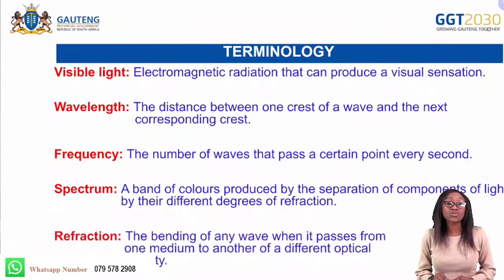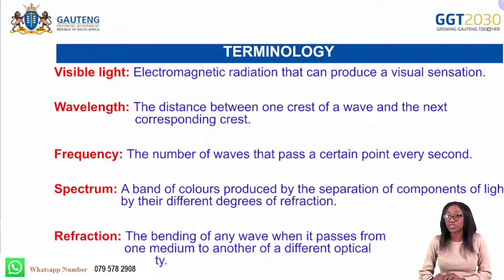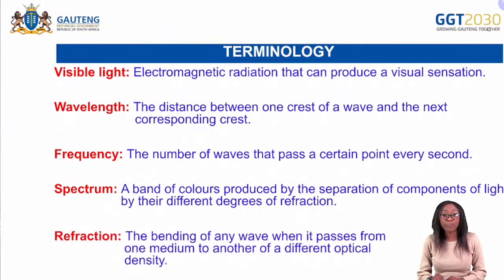And then the next one is refraction. We just spoke of refraction when we were defining spectrum. So now let's define refraction. Refraction is the bending of any wave when it passes from one medium to another of a different optical density.